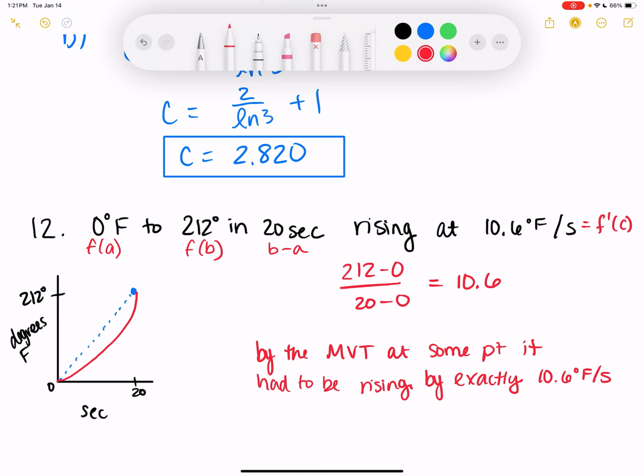So with the mean value theorem, whatever f prime of c ends up being is a rate that it has to be changing at some point. It could be anything, but that one value has to happen at some point.